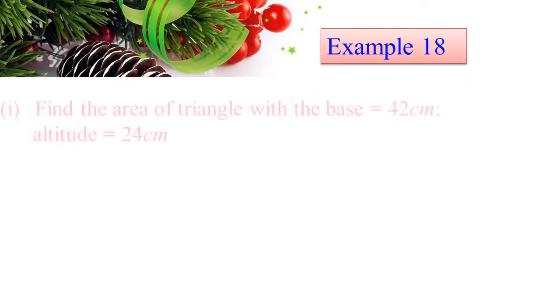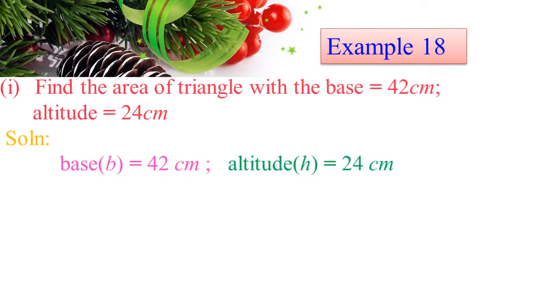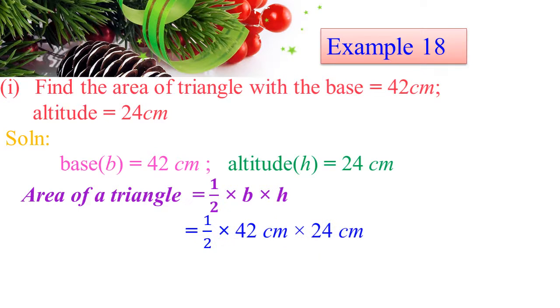Let's see example 18. First one, find the area of the triangle with the base equal to 42 centimeter, altitude 24 centimeter. Let us find the solution. Here given base b equal to 42 centimeter, altitude means height equal to 24 centimeter. Area of the triangle, formula half b h. Now we substitute the values.